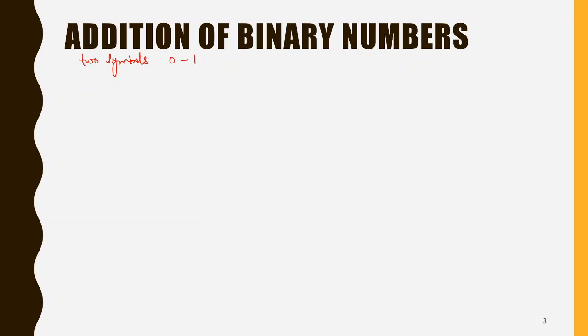These two symbols can be added in the following combinations: 0 may be added to 0, 0 may be added to 1, or 1 may be added to 0, or 1 may be added to 1. These can be the four addition combinations of binary digits.